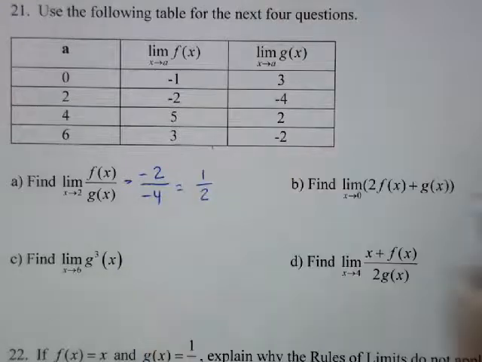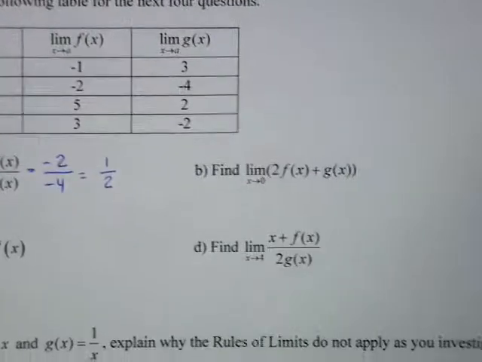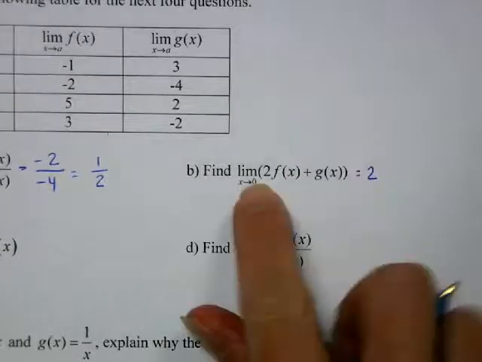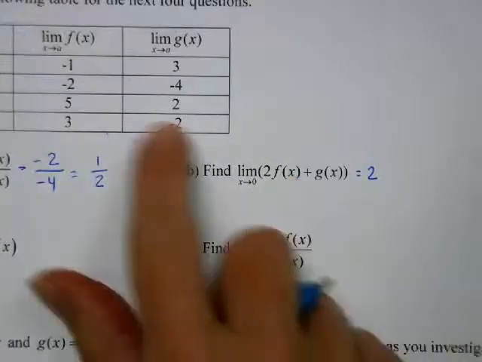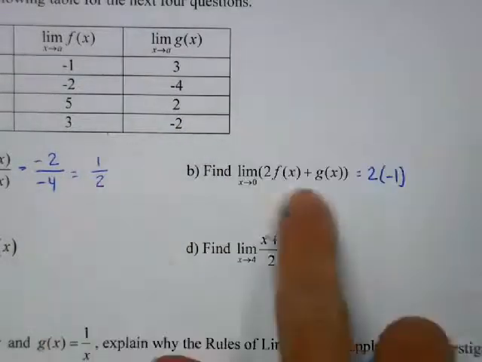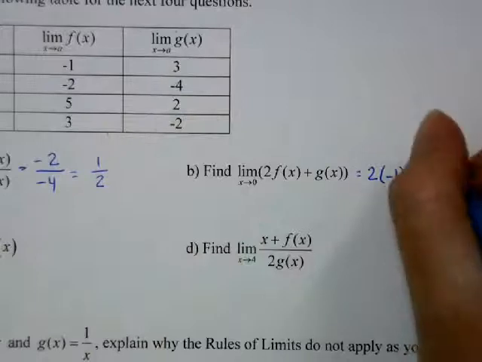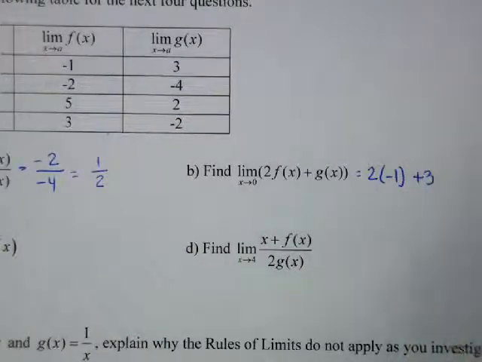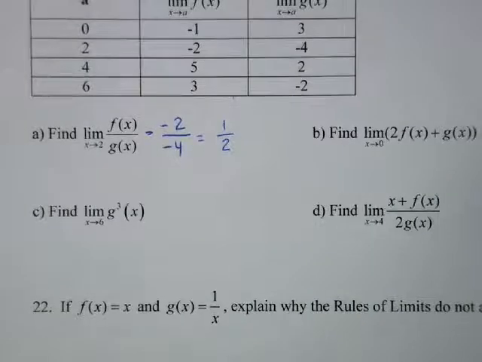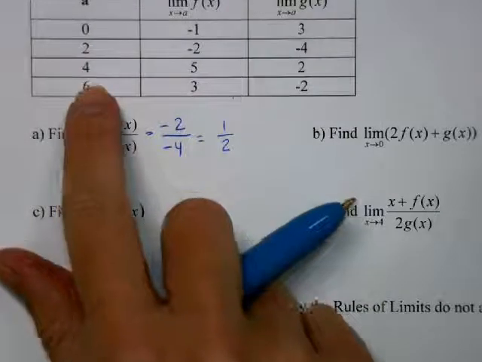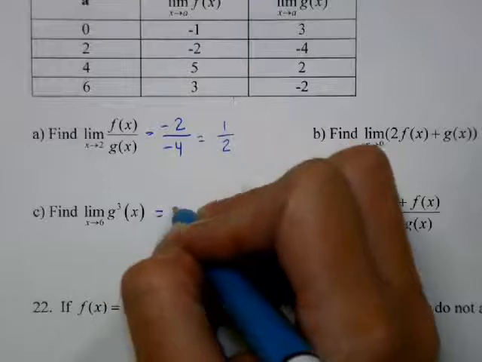Okay, this is going to be 2 as x goes to 0 of f of x is -1. And g of x is 3. So -2 plus 3 is a positive 1. As we go to 6 of g cubed, this is -2 cubed, which is -8.